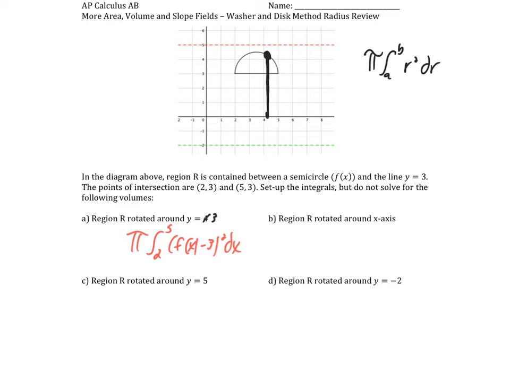And then I also want you to draw a line from the axis of rotation to the shorter of the two functions, which in this case is 3, so that's your inner radius.